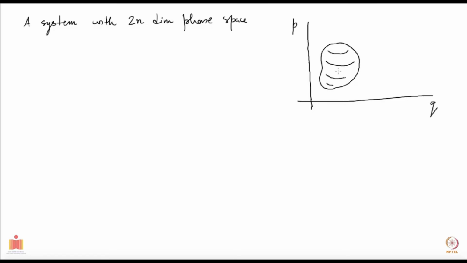Okay, and we also tell the equations of motion. So each point here is going to evolve in time according to Hamilton's equations of motion. So it's going to go somewhere as time goes on. And what we want to ask is, if I start with some volume here, all these points are going to move in time and go somewhere else, and I want to ask how this volume is going to change with time.